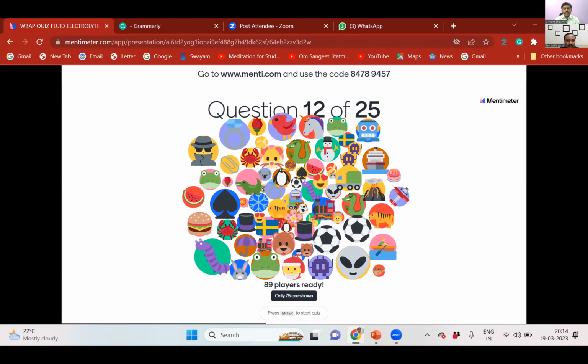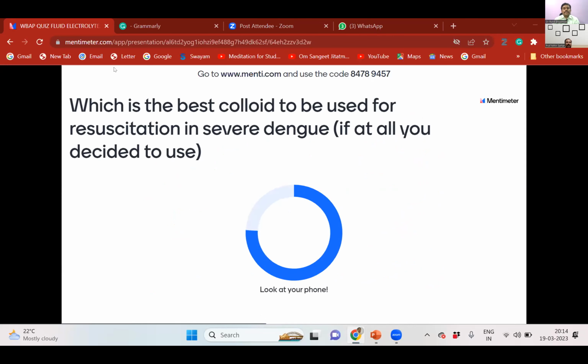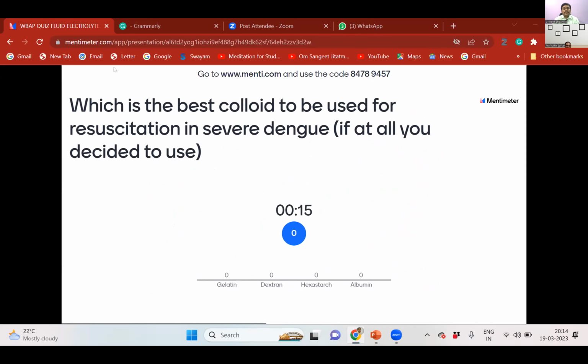Question number 12 is ready. All people are joined. Many answer rightly. This is albumin.